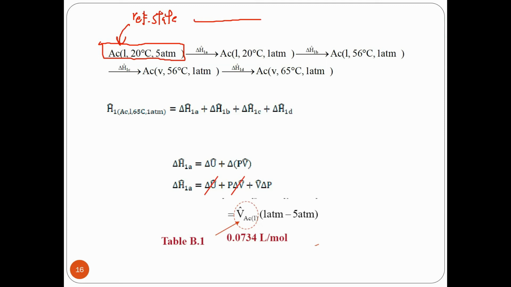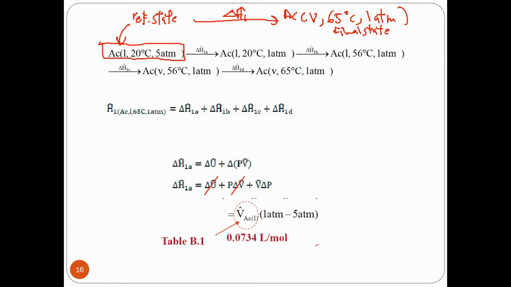So we want to find the change of specific H1 until we reach our feed of acetone in the vapor phase at a temperature of 65 degrees Celsius at 1 atm. So this is our final state.